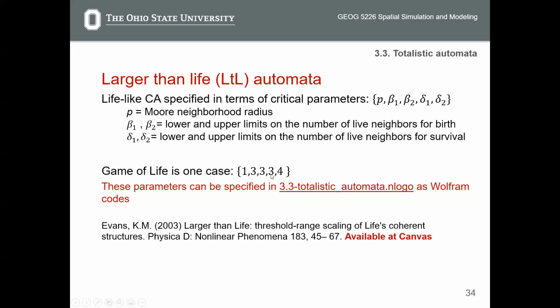So it can be 3 live neighbors, it can be 4 live neighbors, but that's it. If there are only 2 live neighbors, the cell will die, it cannot survive. If there are 5 live neighbors, too many, the central cell will also die after the next tick.